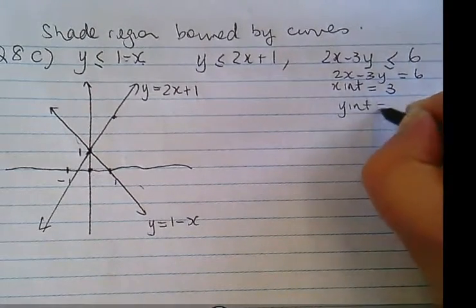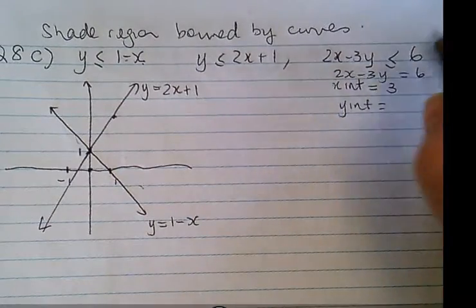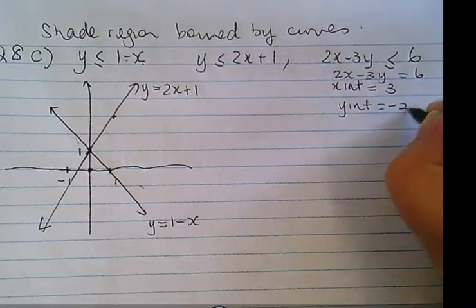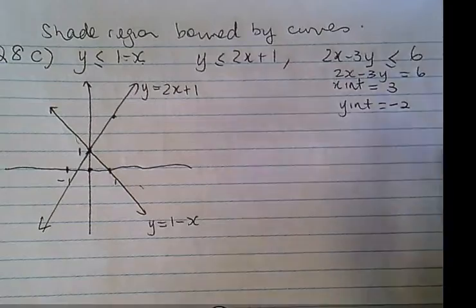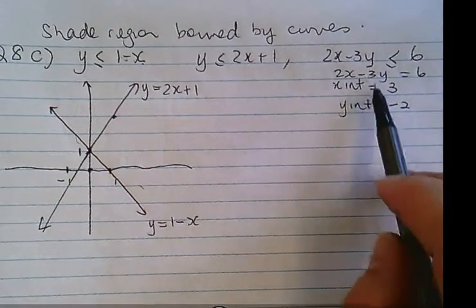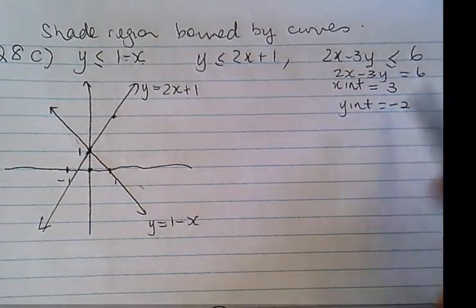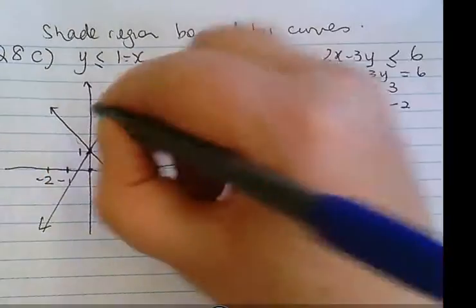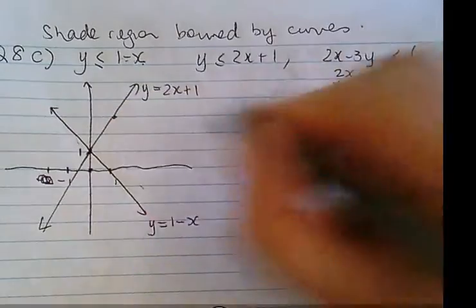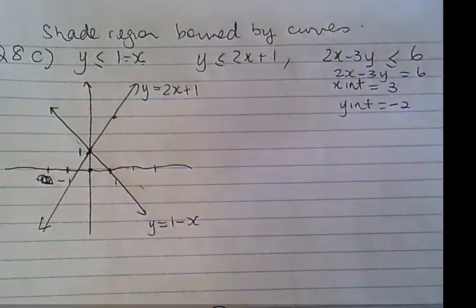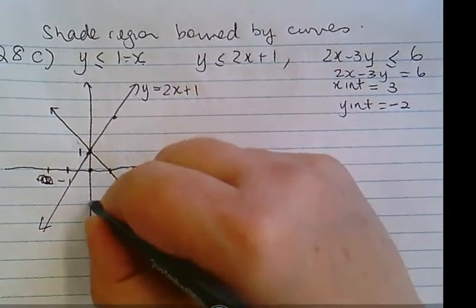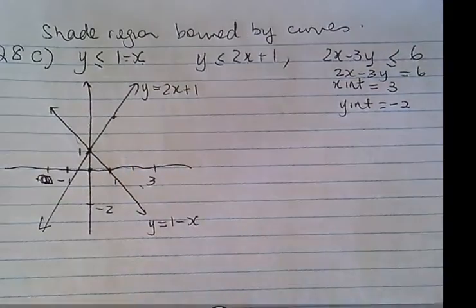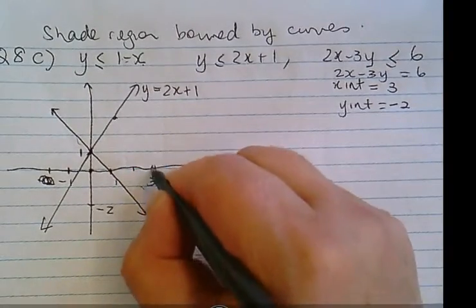For the y-intercept put x is 0 and we get negative 2. It's got a positive gradient. So it looks something like this.